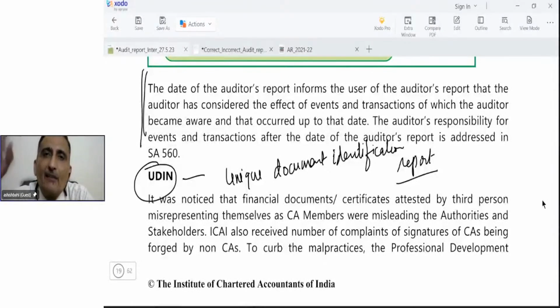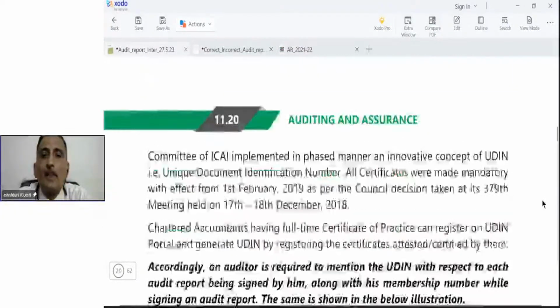There is a dedicated website of ICAI in this regard, where members have to go and generate that UDIN, and this UDIN has to be put in writing at the end of the report. So every time an auditor conducts an audit or gives a certificate, a UDIN has to be generated. So remember, it is unique document identification number.